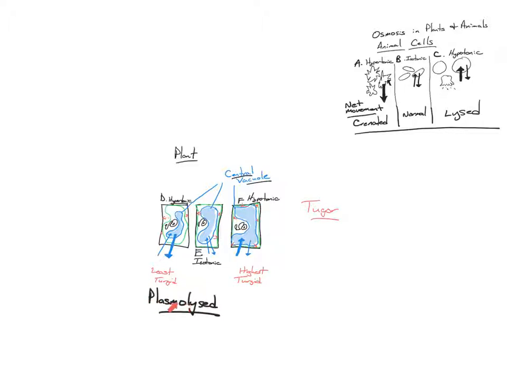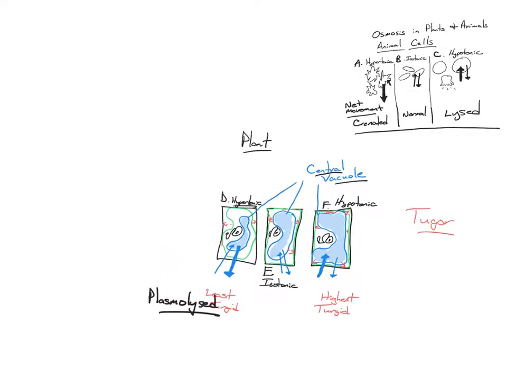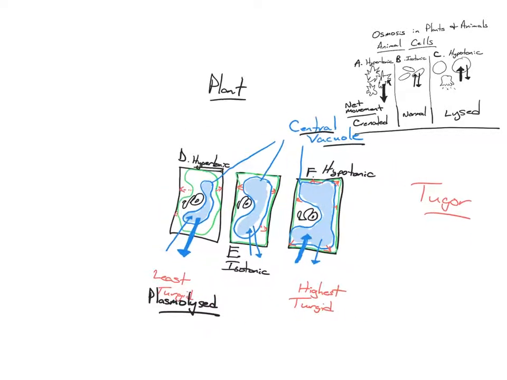It's called plasmolyzed in plants. When a cell lyses in animal cells, they'll rupture. A plant cell doesn't do that because it has a cell wall. Are we all good with that? So those are the two conditions that you really should know, right?